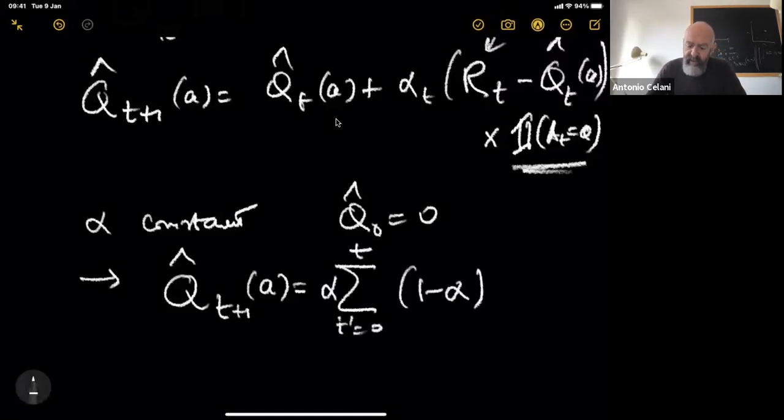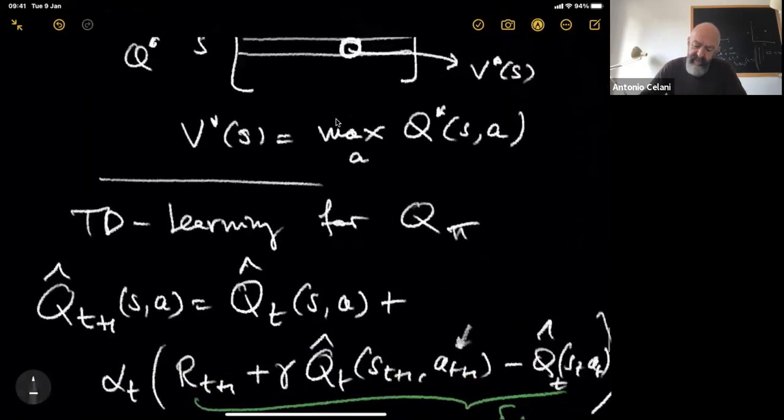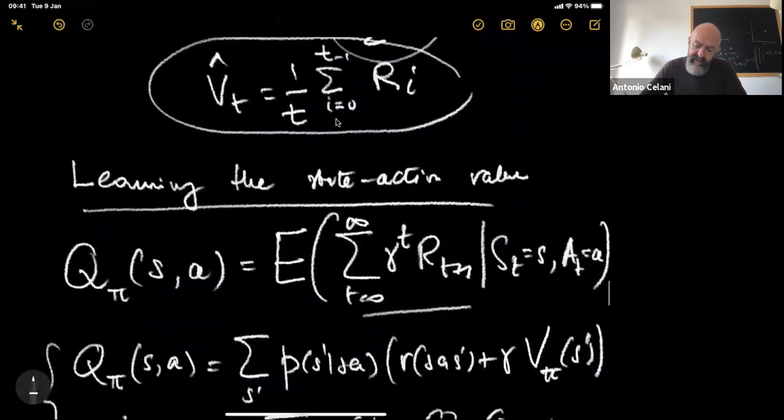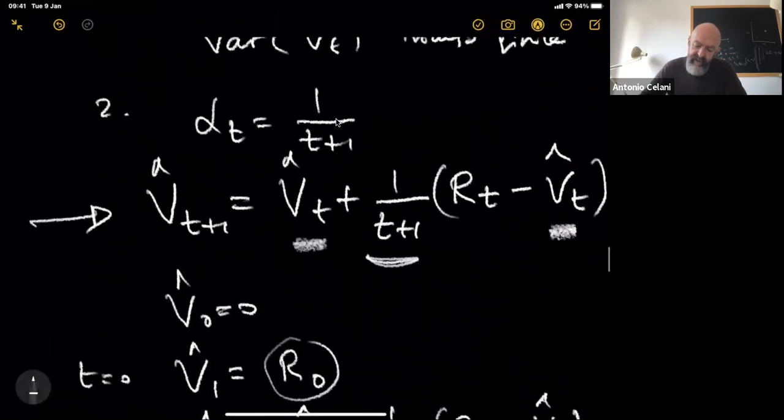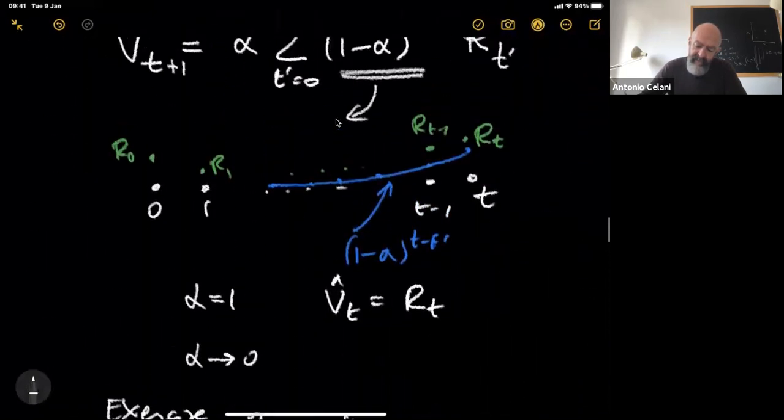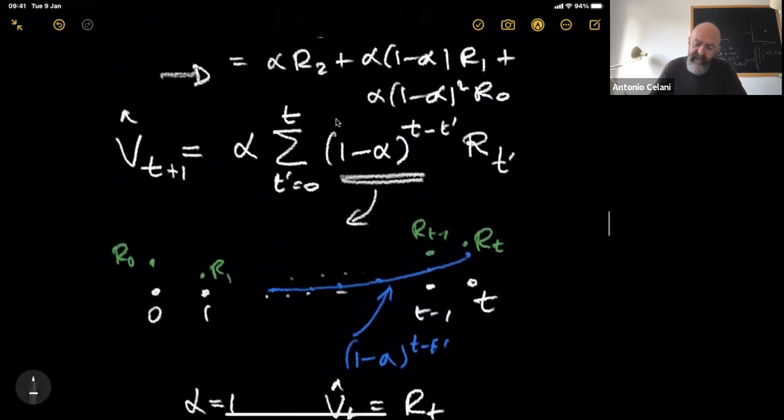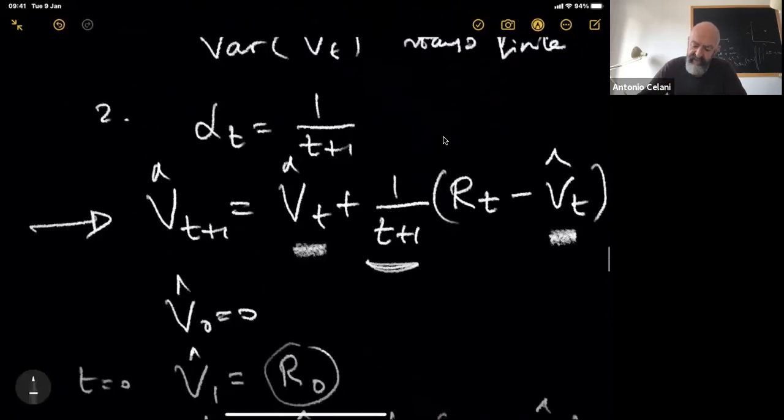But here, you remember we had the final time minus the current time in the exponent. Now we have to replace this by the number of times that we have visited that action minus the number of times we visited the action at the previous time. That's the only change we have to make.